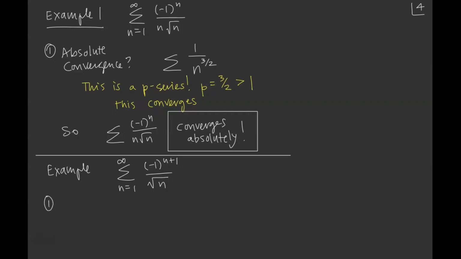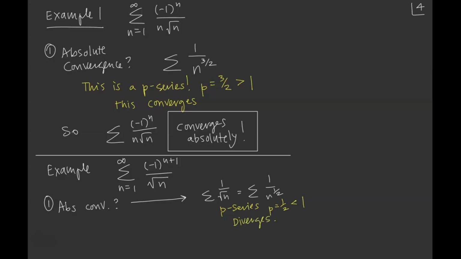Okay, we're going to test first for absolute convergence. So we look at the series, just 1 over square root of n. This is 1 over n to the 1/2. This also is a p-series. This time p equals 1/2. That's less than 1, so this diverges.